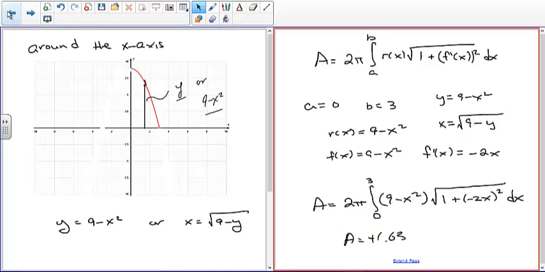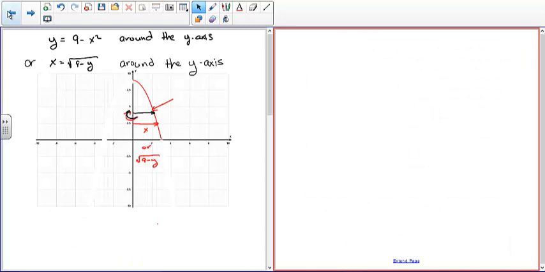So what we're going to do now is, instead of rotating around the x-axis, rotate around the y-axis. And you still have the same two equations.